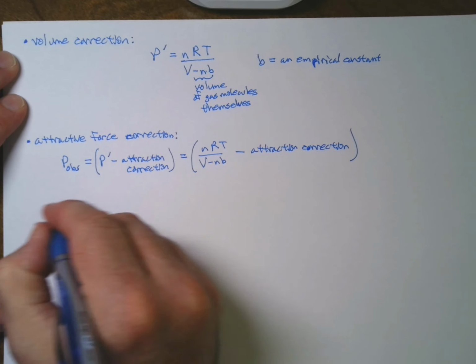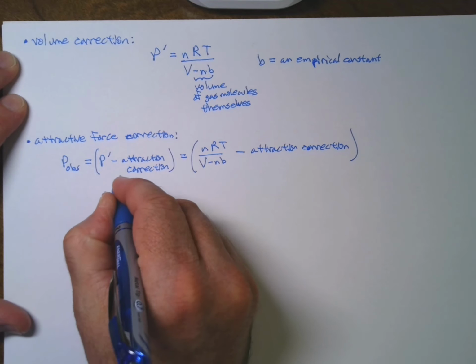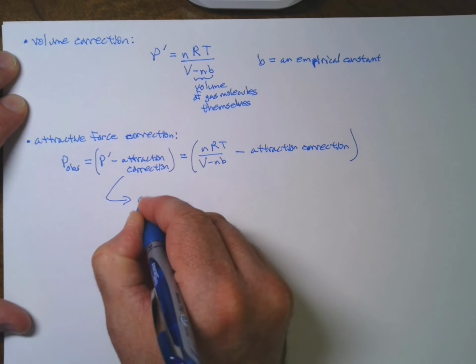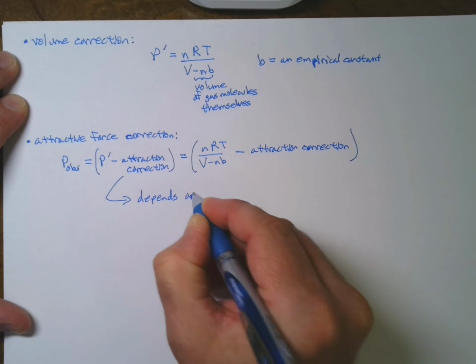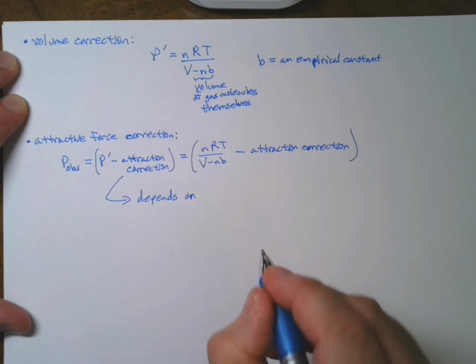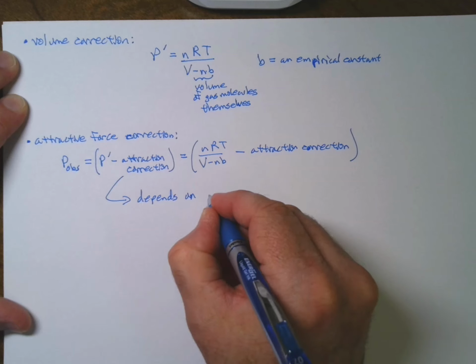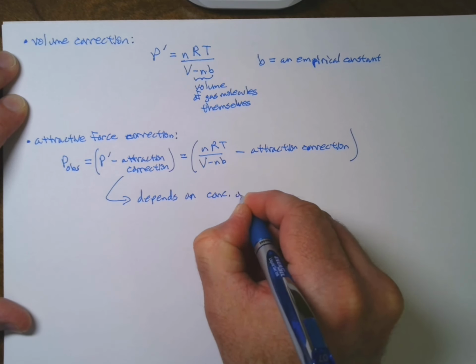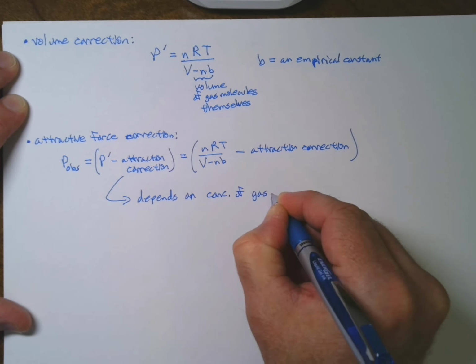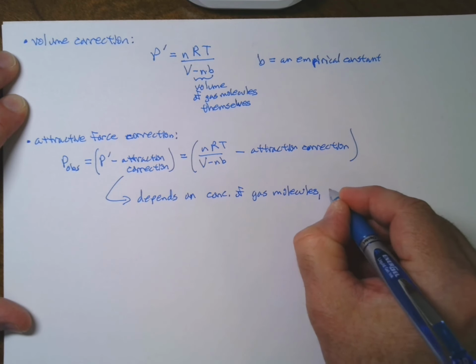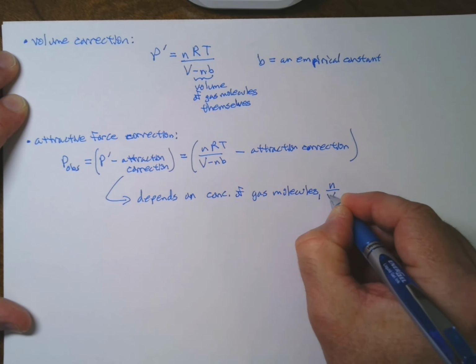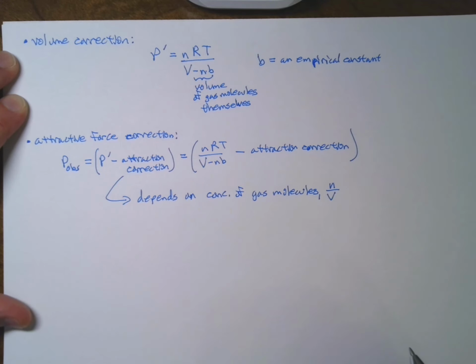So the attraction correction depends on the concentration of gas molecules, n over V, moles per volume.